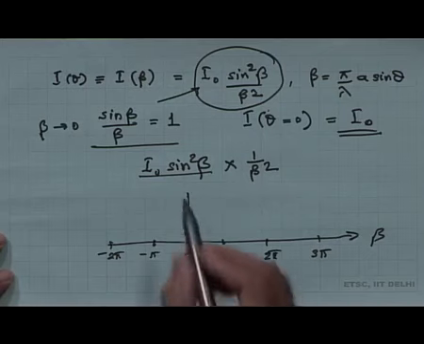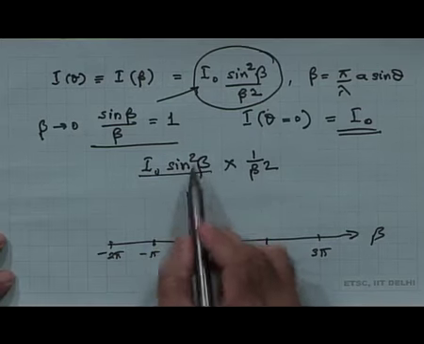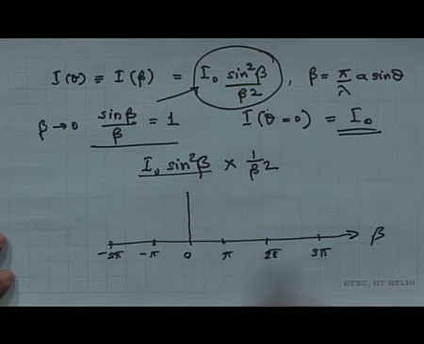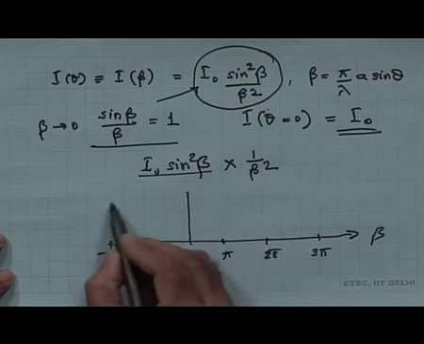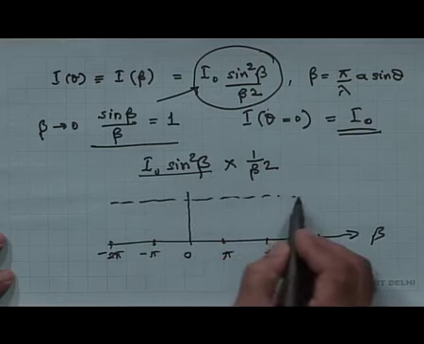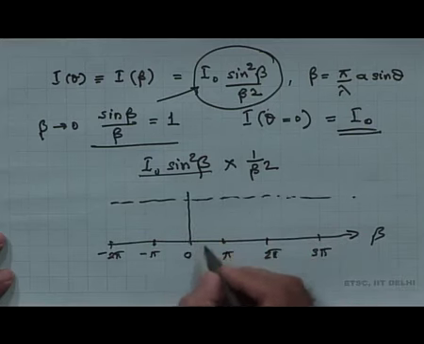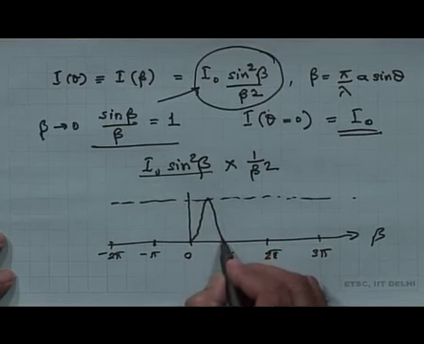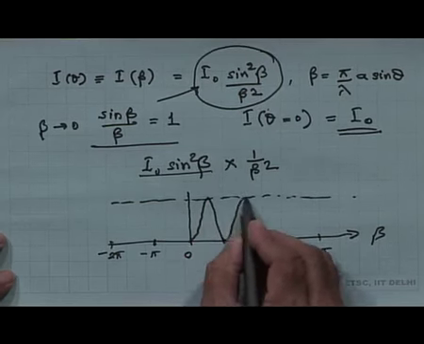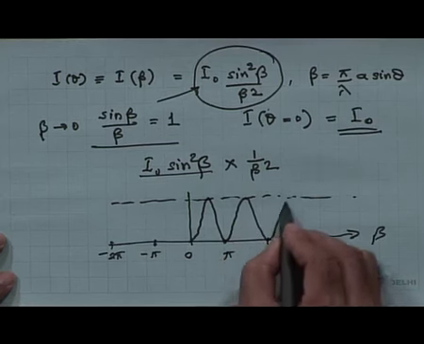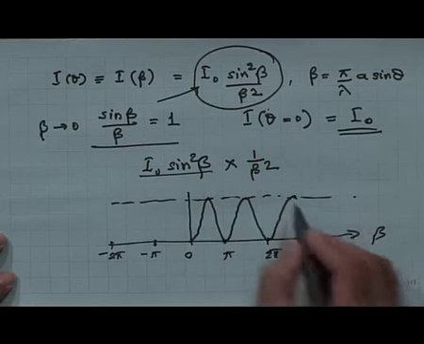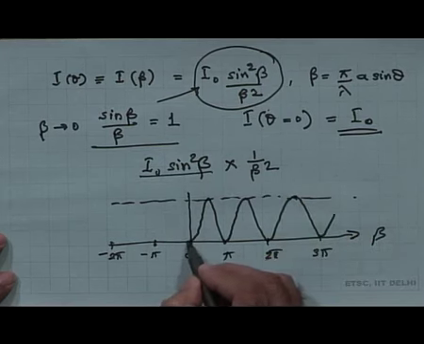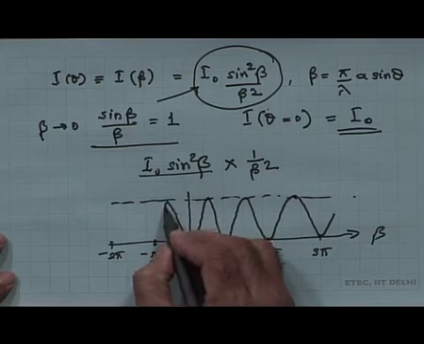We know that sin beta is 0 for beta equal to m pi, and therefore the pattern would look like this. It is the sine square x curve. So, we have 0 and in between maxima, 0, maxima. So, this is the sine square variation, 0, and so on. It is completely symmetric.